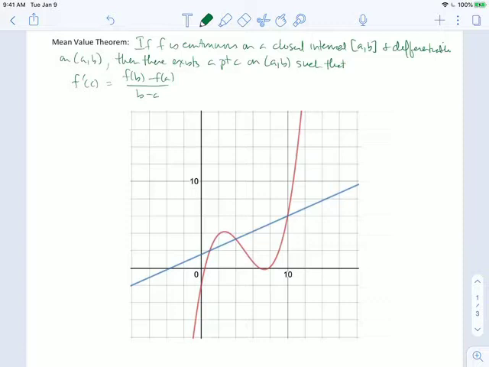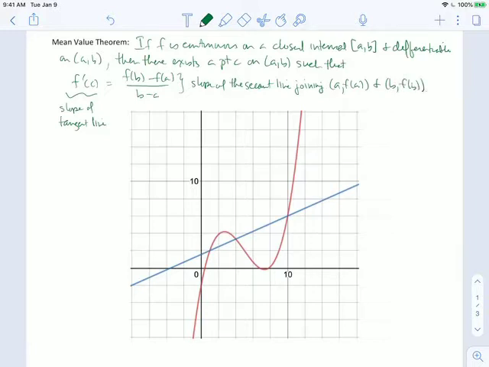And so let's just think about this for a minute. Derivatives measure slope of the tangent line. So this is the slope of the tangent line at some point on the curve. And over here, this is the slope of the secant line joining the points a, f of a and b, f of b.